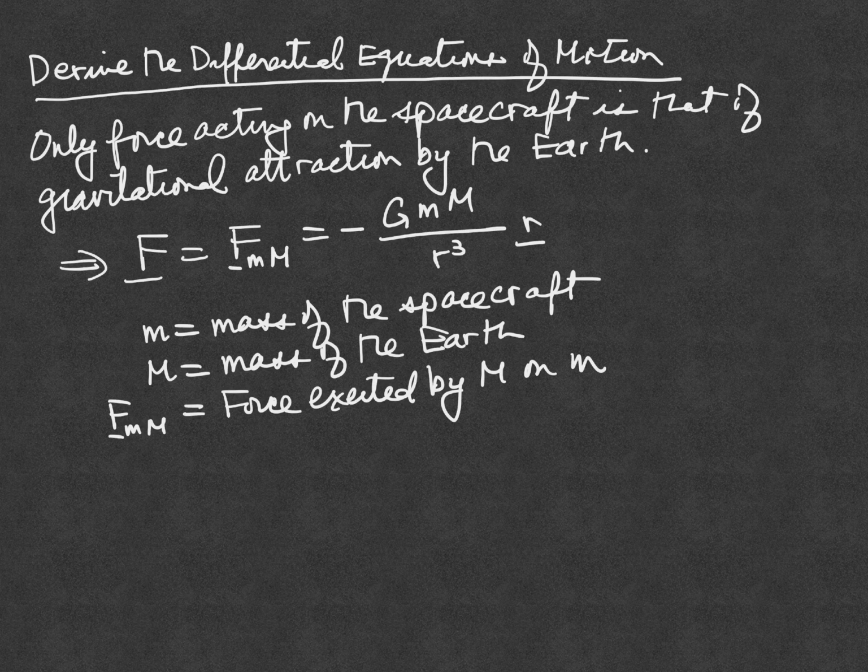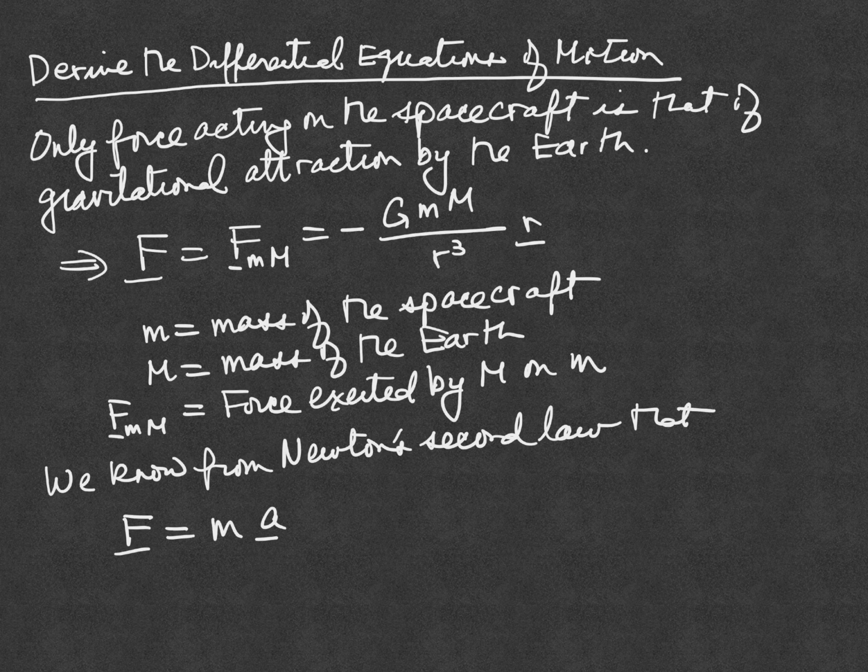Now that we know that, we know from Newton's second law that the force is equal to the mass times the inertial acceleration. So that implies that minus G times little m big M all divided by r cubed times r is equal to the mass times the inertial acceleration.